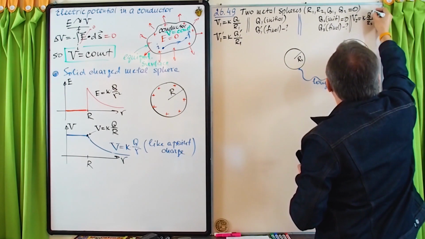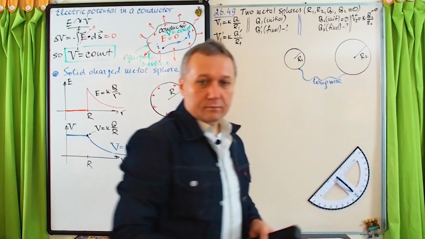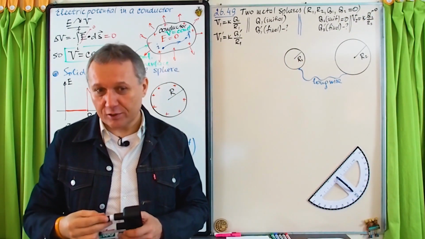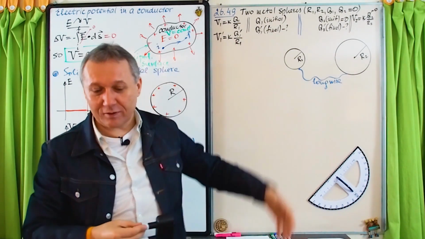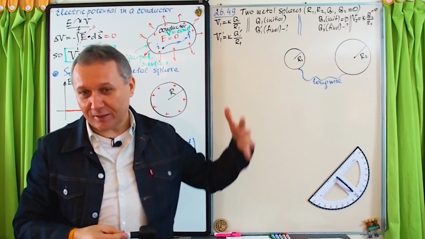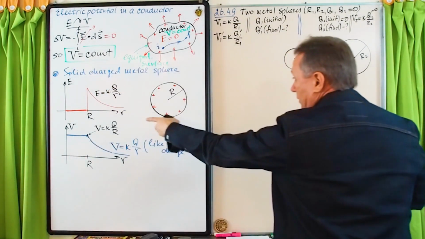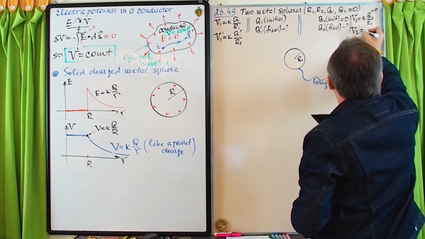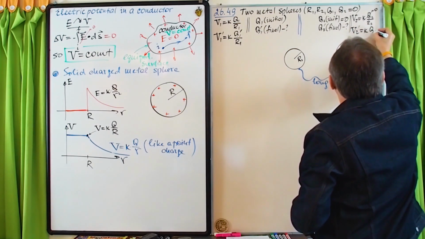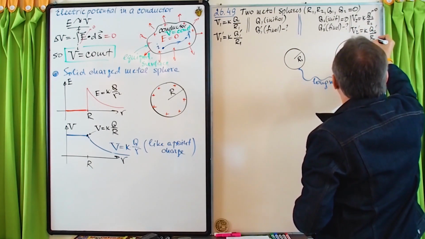And of course, that is 0, because the charge is 0 initially. And now I want to write also the final expression for the electric potential of the second sphere, using, again, still the same formula. V2 prime will be equal K Q2 prime over R2.